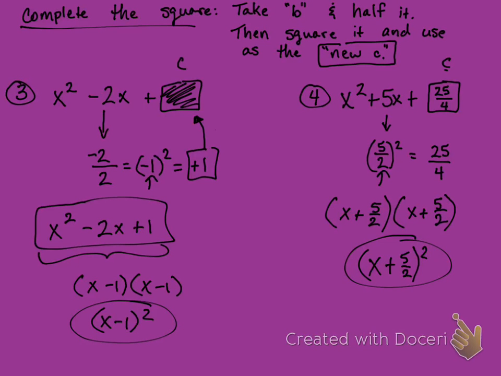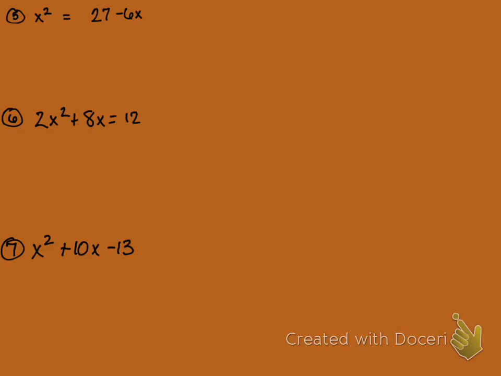Well, in order to complete the square, I really need my problem to look like that. What I notice here is I have my x squared, but I have no b right next to it. So the biggest thing we've got to take care of is we've got to move this negative 6x over here, to be with the x squared.